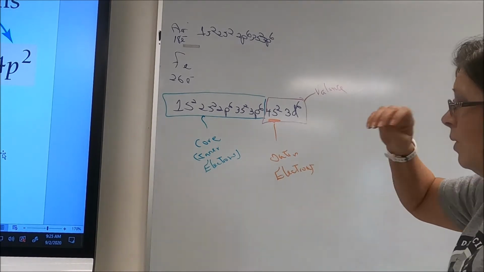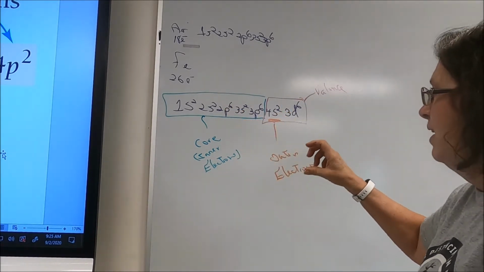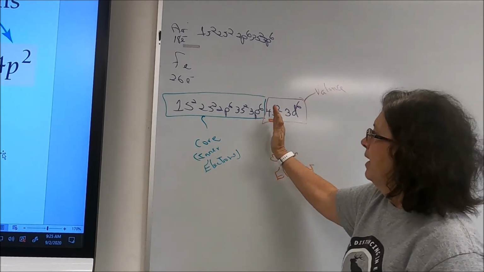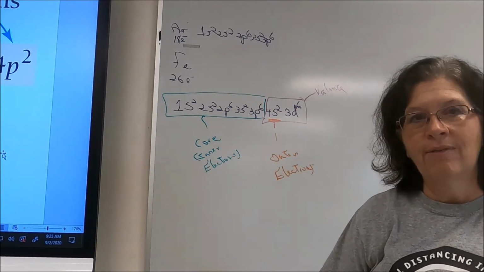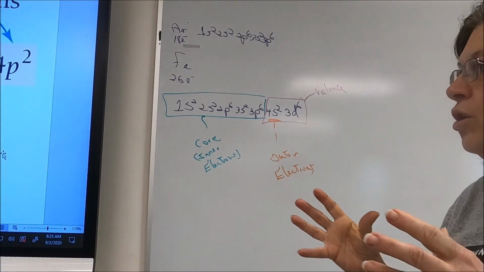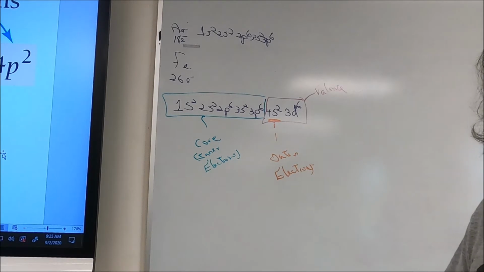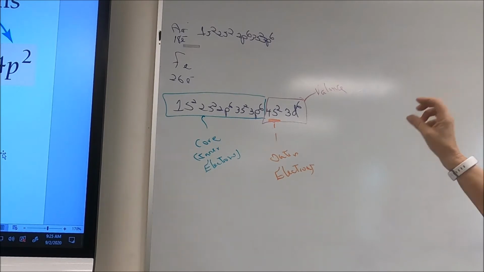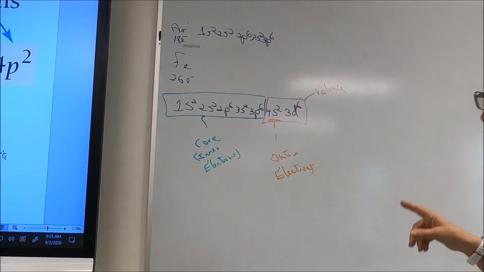Now, when we look at an electron configuration of an element, it's this stuff at the end that's involved in bonding. Core electrons are never involved in bonding. So we're going to look at a condensed electron configuration that allows us to concentrate on the electrons that are going to be involved in bonding.